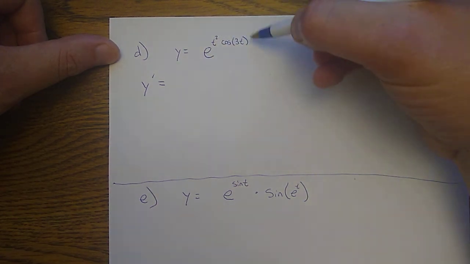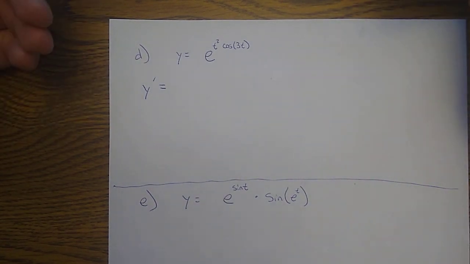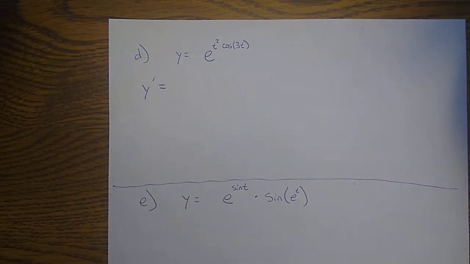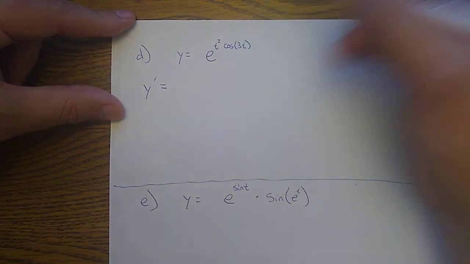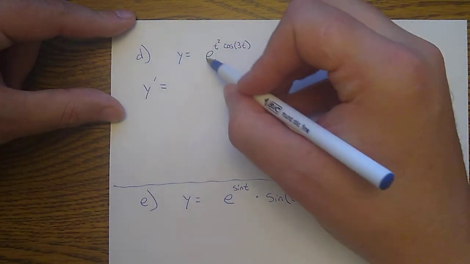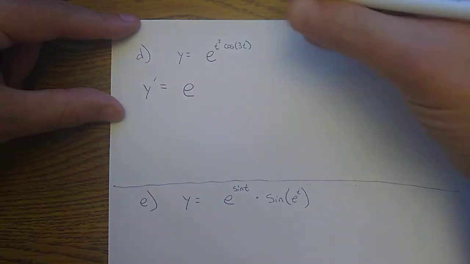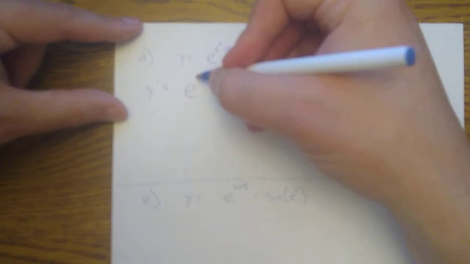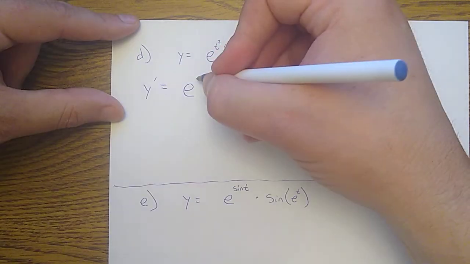I have e to the some complicated other function. But that just means I'm going to have to use the chain rule. So the outside function would be like e to the t, and the derivative of e to the t is e to the t. But I'm not going to write just e to the t because I have to put this inside.